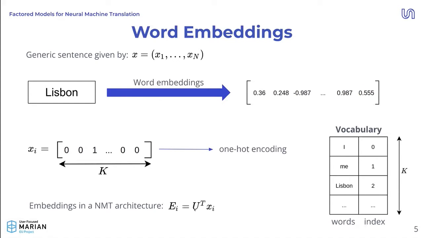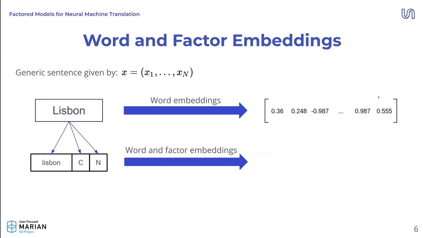We then have what we call an embedding matrix, and when you multiply the one-hot encoding vector by the embedding matrix, you get the numerical array at the end, which is the word embedding. But when we are using factors, one big question arises: how do I combine the word embeddings and the factor embeddings?